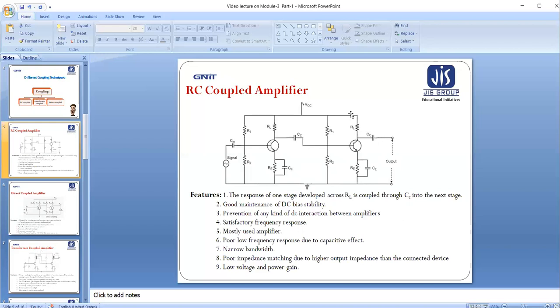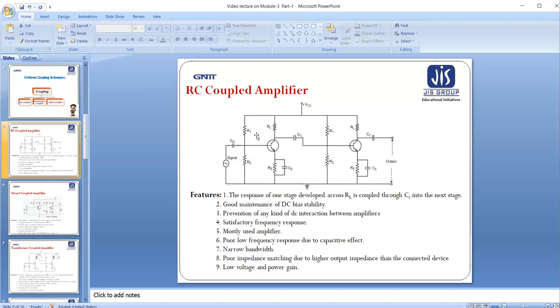So that means the signal of the previous stage is coupled through the capacitor to the second stage, and the second stage is also the exact replica of the first stage, because in the second stage, if we change the resistor and the capacitor value, then the amplifier will produce not only a different kind of output, but its stability becomes disturbed.